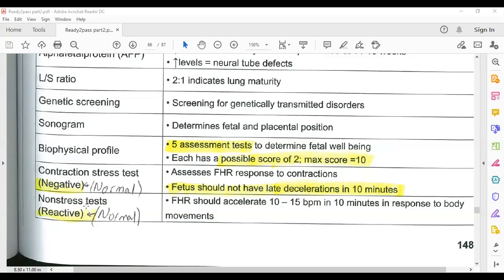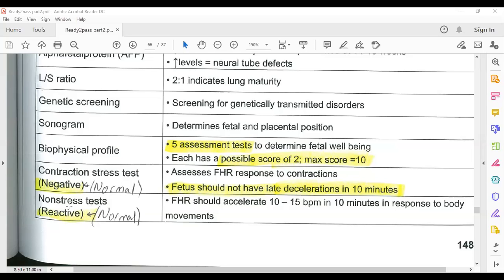So post-maturity, gestational hypertension, gestational diabetes, or decreased fetal movement are indications of the non-stress test. So what is the interpretation of the result?